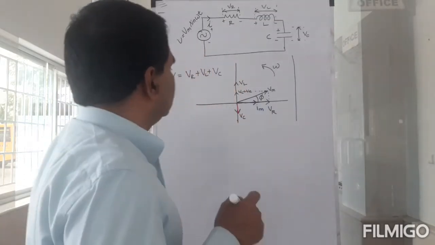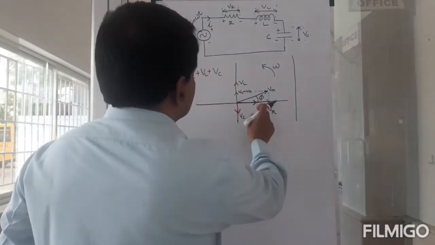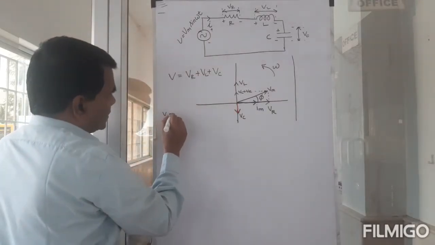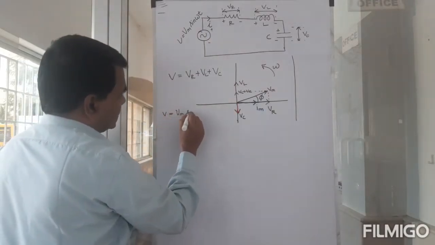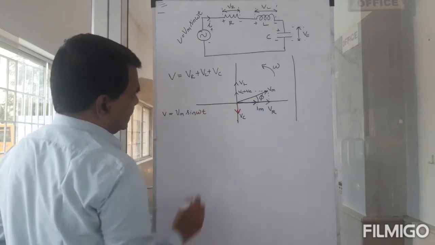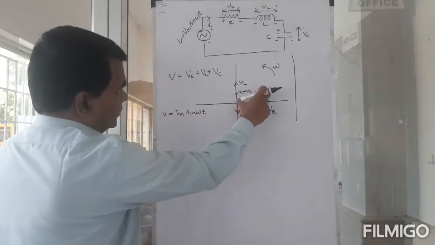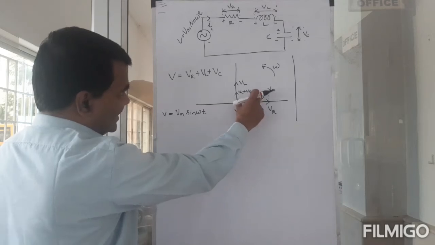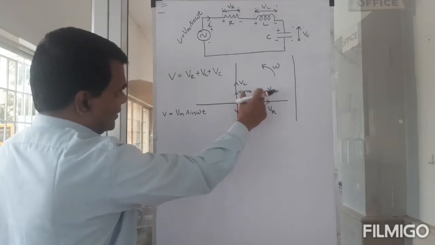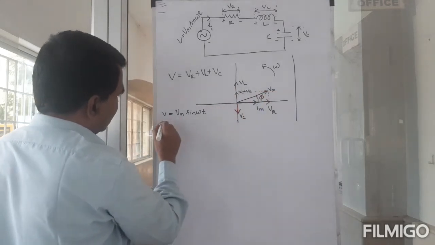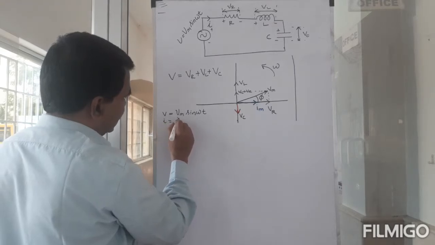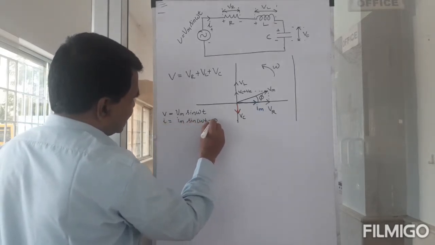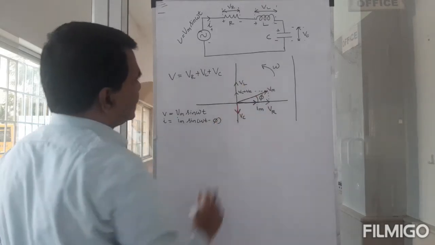And we said that this V is equal to Vm sine omega t, and if this is so, the V is here, which means that the current is lagging this Vm by an angle phi, right? So my I is going to be equal to, say, Im sine omega t minus phi. So it is following the voltage.